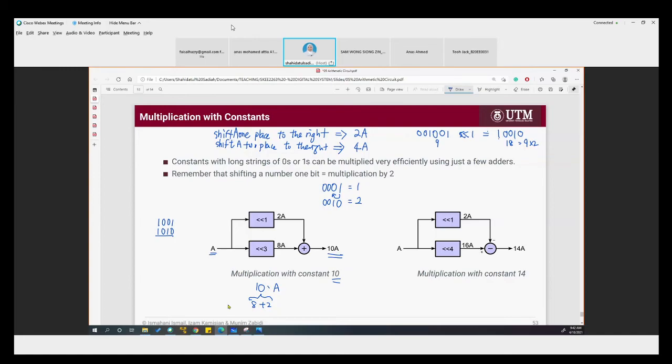If we shift it 2 times, it's 0100, 1 multiplied by 4. And if you shift 3 times, 1000, you get 8. So original 1.